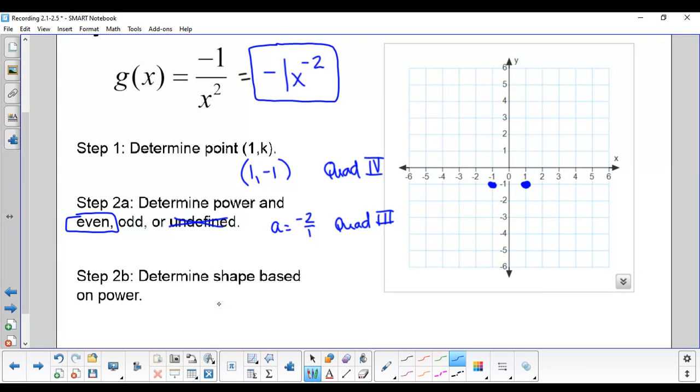Last, I need to determine the shape of my function. In this case, my power is going to be less than 0. Therefore, it's going to be that rational function curve, the one that has the asymptote in between.